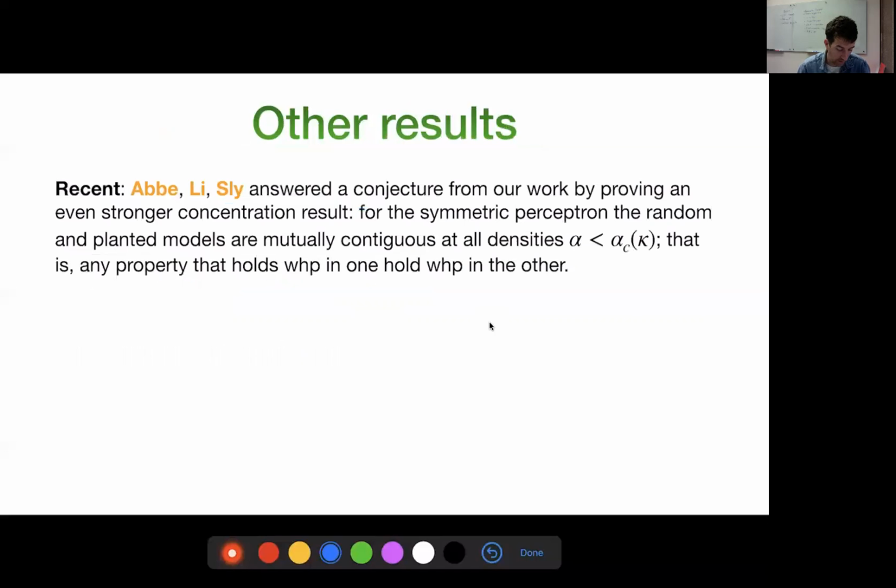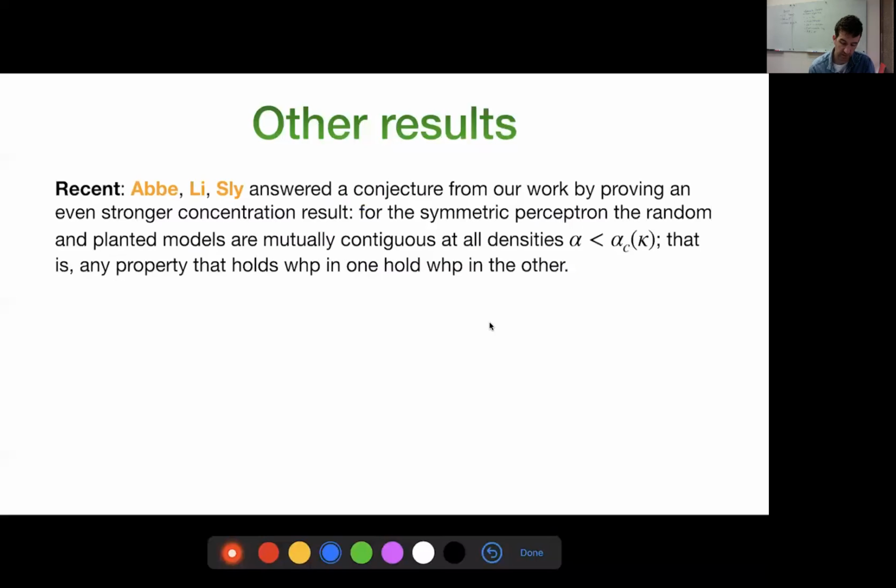I'll remark that subsequent to our paper, an even stronger result on concentration was proved. By Abe, Lee, and Sly, they proved a conjecture from our work. Our conjecture was that, in fact, below alpha critical, the random model and the planted model are contiguous. That's a much stronger notion of closeness than we proved. And they, in fact, did prove this.